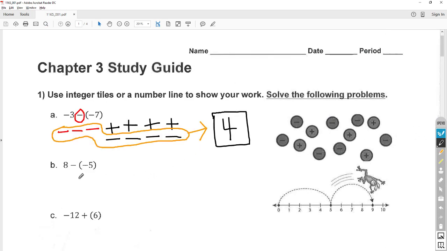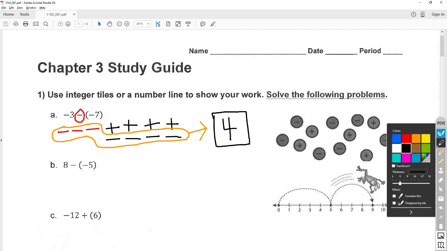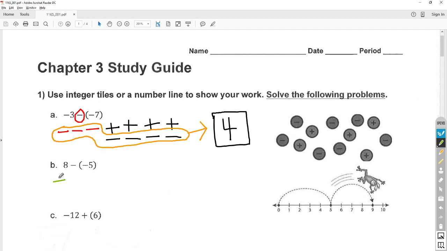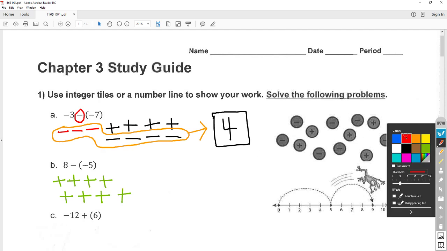Perfect. Okay, so then going on to B. B, you're starting with 8 positives now. So I'm going to use green for my positives. 2, 3, 4, 5, 6, 7, and 8. And remember, with subtraction, we need to remove. So you can see here, I need to remove 5 negatives. Now looking at my picture, I definitely don't have 5 negatives to remove.